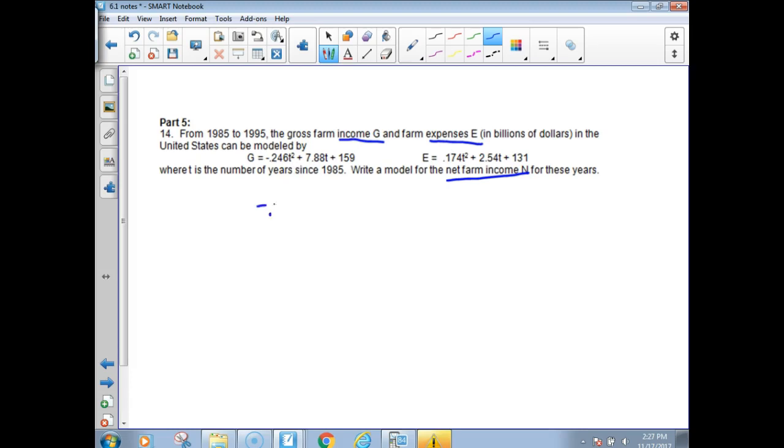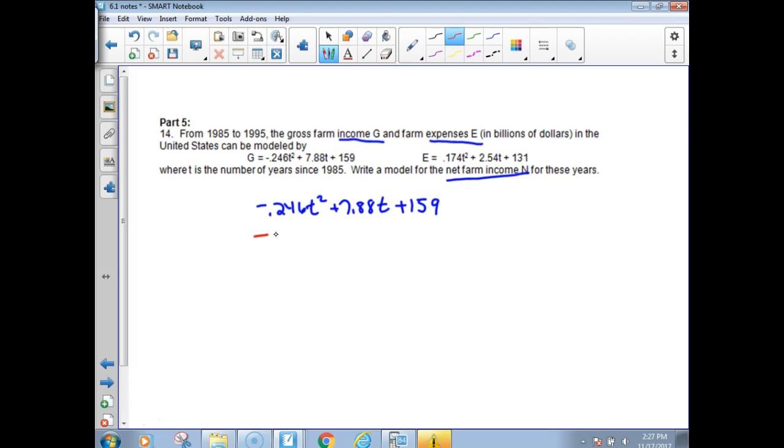So we've got negative 0.46 t squared plus 7.88 t plus 159. And from that, I need to subtract the E function, the expenses.